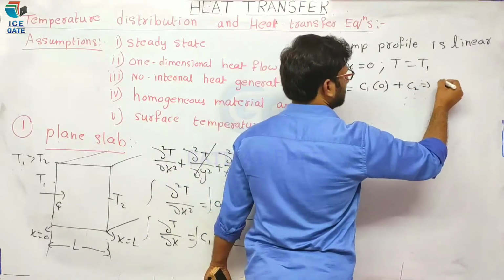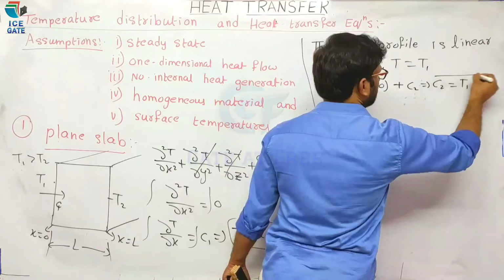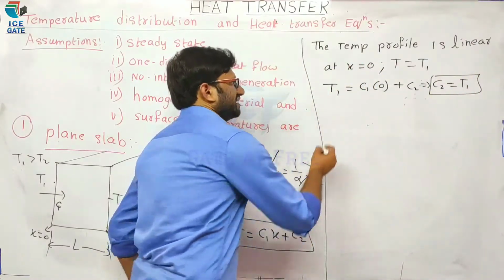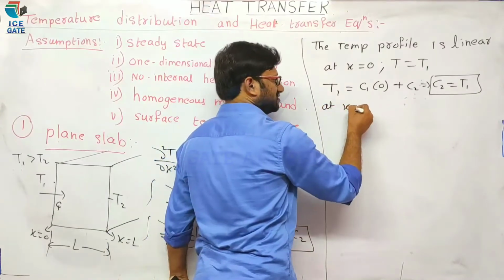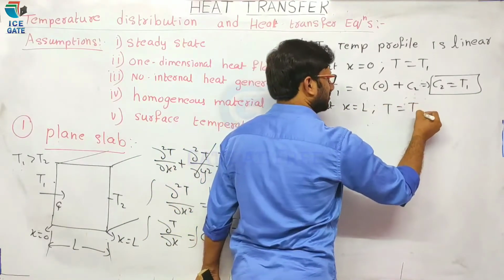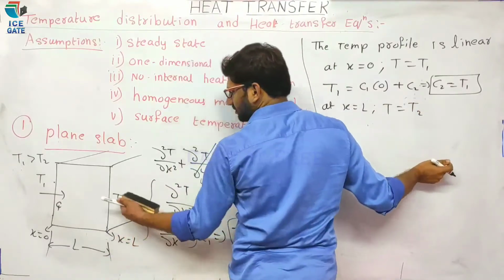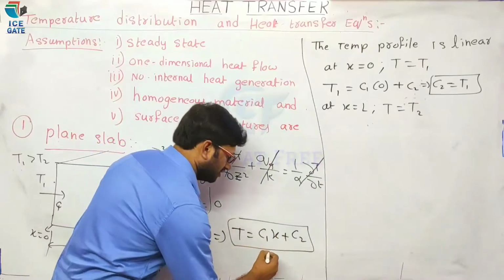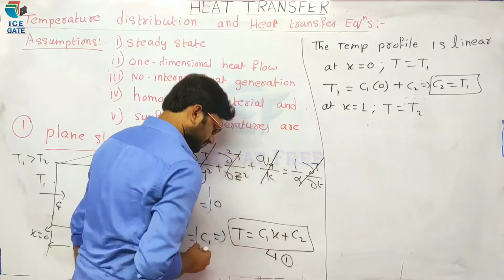Therefore, C2 equal to T1. Right. Now take another boundary condition. At x is equal to L, T equal to T2. Now substitute in this equation. Make this as equation 1.